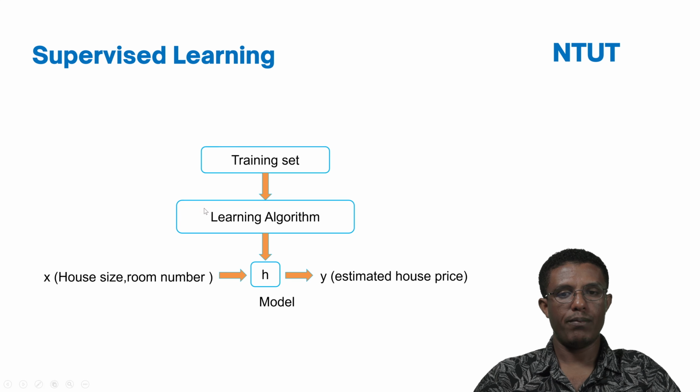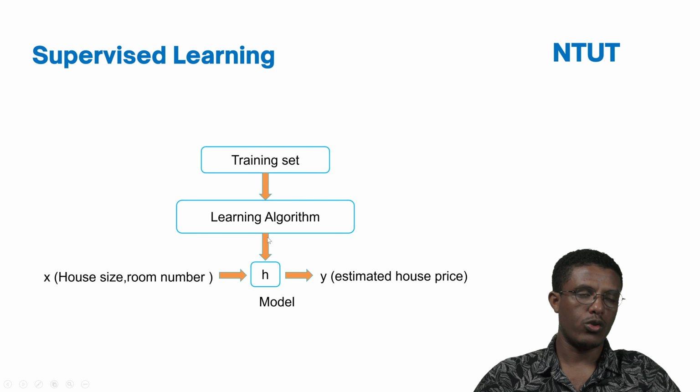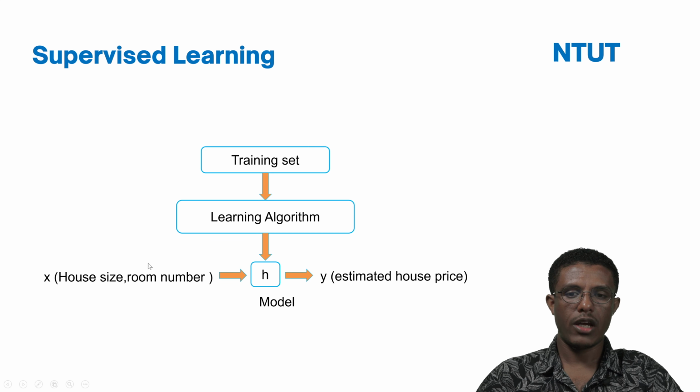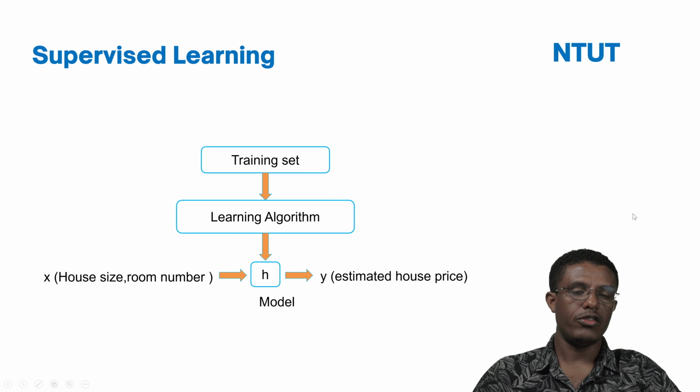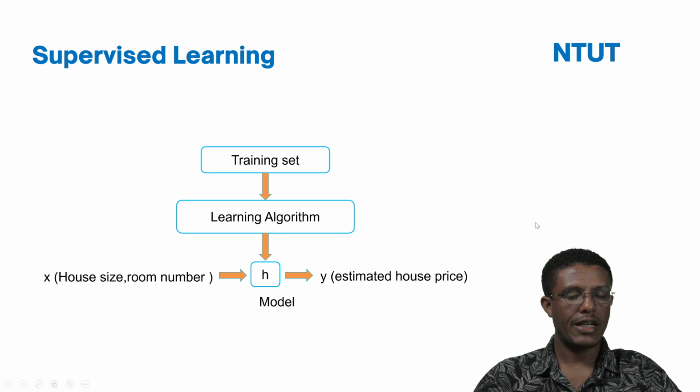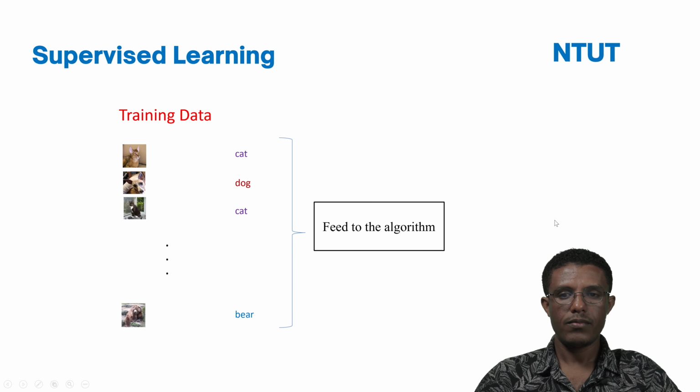Then we pick one supervised learning algorithm, and we train that algorithm, and finally we have a trained model. In order to test the performance, we need to give new test data like the house size and room number here. Then based on the house size and room number, it estimates the house price, that is y. So this is how supervised learning works.